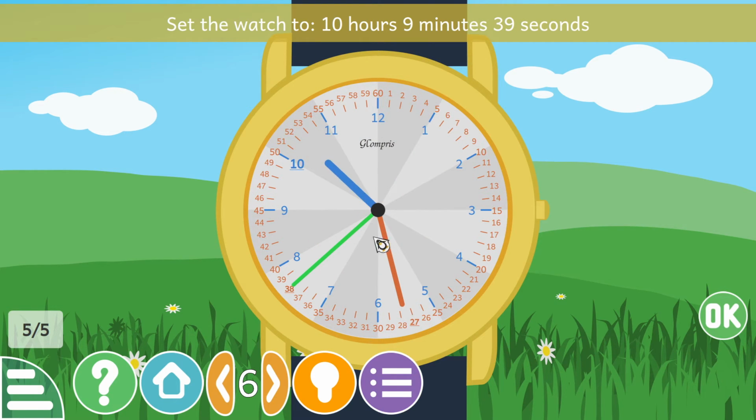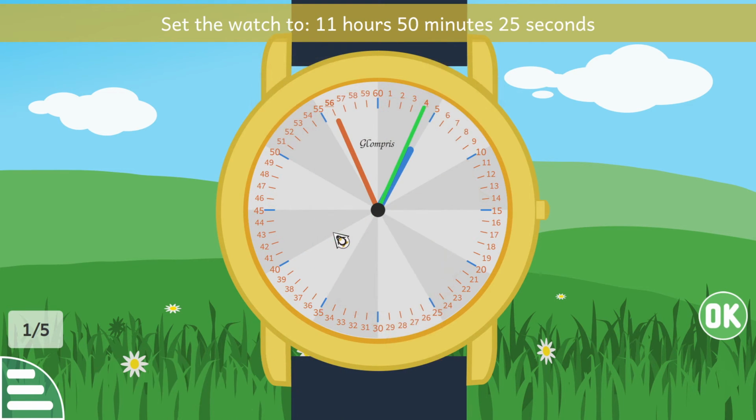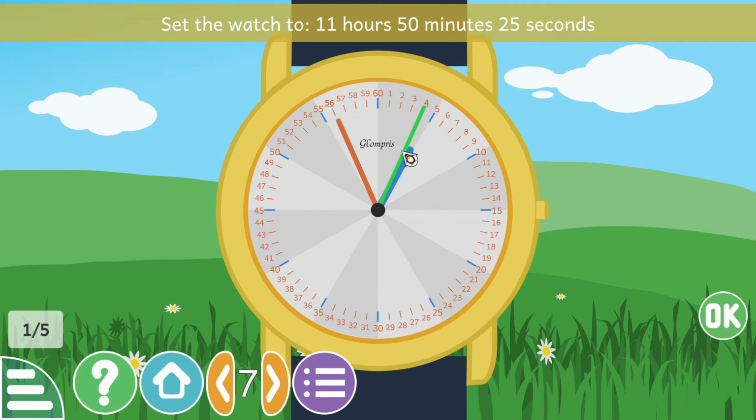So 10, I'll call it 10:09, or 9 past 10, and 39 seconds. And it looks like it's just changed, yeah, so we've lost the hour hand.